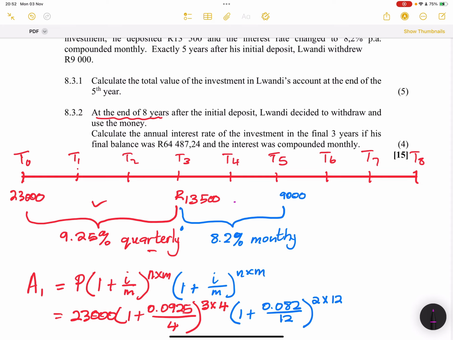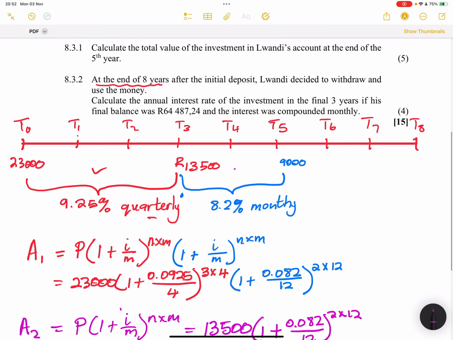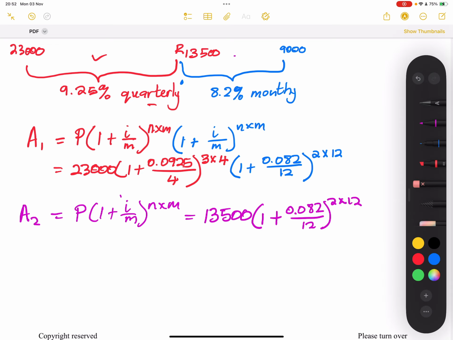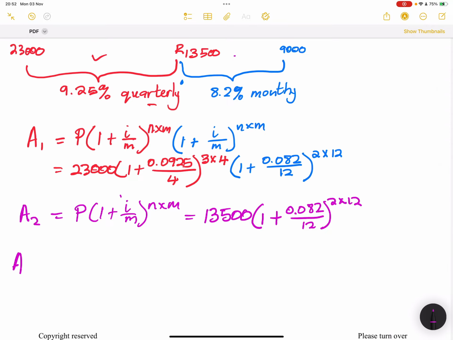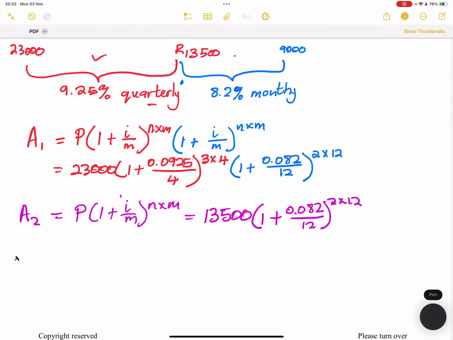So the total value A will be A1 plus A2 minus the withdrawal. We are just withdrawing 9,000 right at the end.